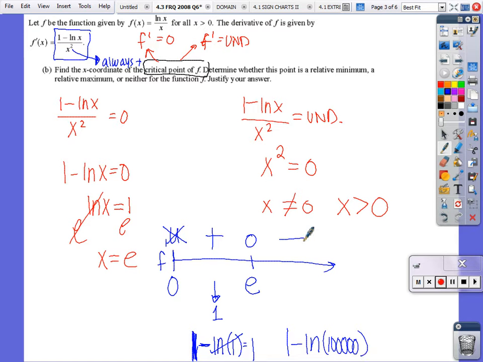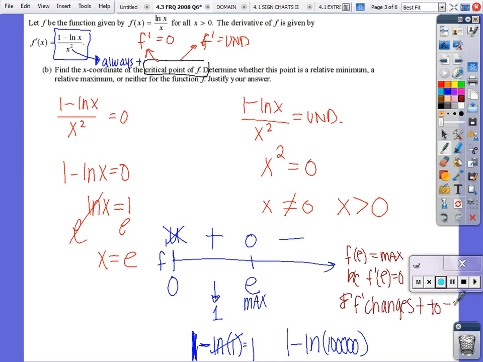This is going to end up being negative. So we have a maximum. And my reasoning would be that f of e equals max because f prime of e equals 0 and f prime changes from plus to minus.